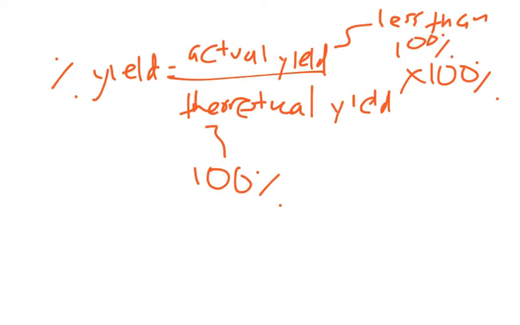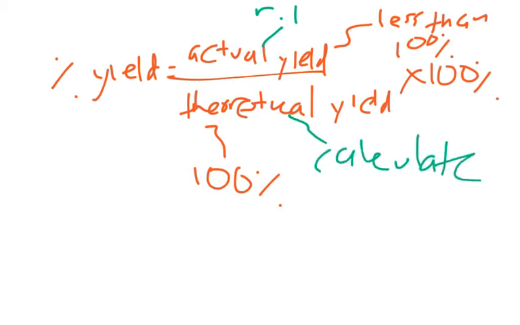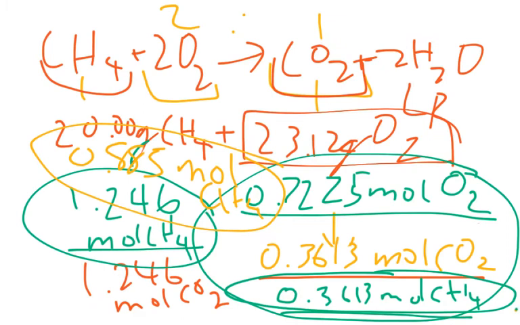Although some reactions can go very close to 100%, nothing is really perfectly 100%. And that may be due to measuring errors, or maybe just the reaction not wanting to go all the way forward. So the actual yield is what we observe in real life, and the theoretical yield is the thing that we calculate, just like how we calculated it over here.